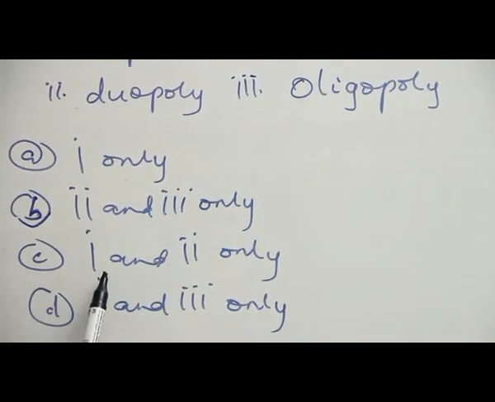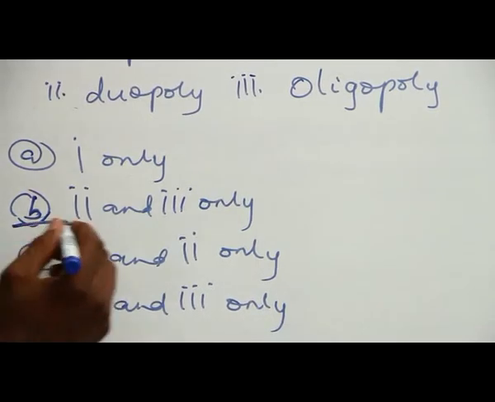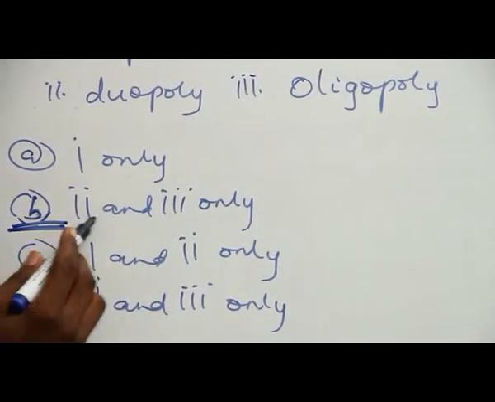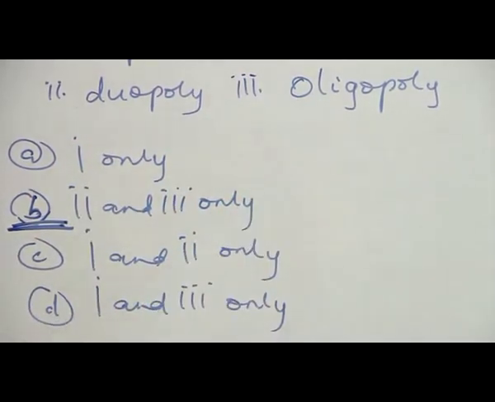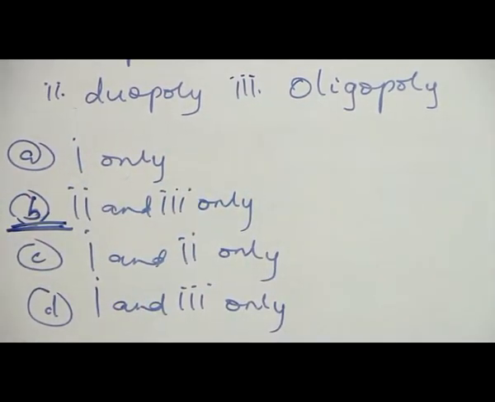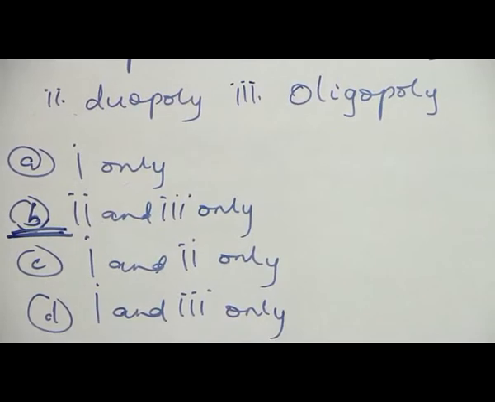C. Roman figure 1 and Roman figure 2 only. D. Roman figure 1 and Roman figure 3 only. The right answer is B. Roman figure 2 and Roman figure 3 only. Duopoly and oligopoly are imperfect markets in competition, while monopoly is not. It's only a single seller without competitors.